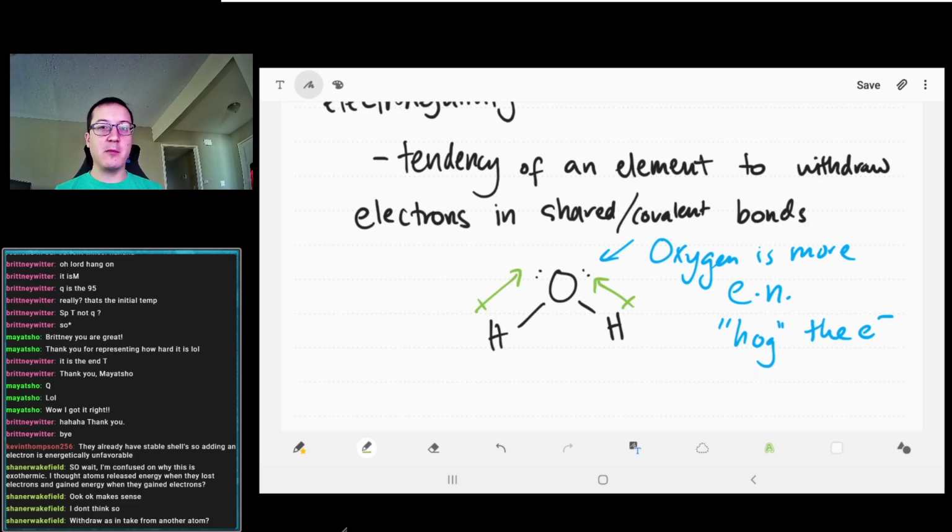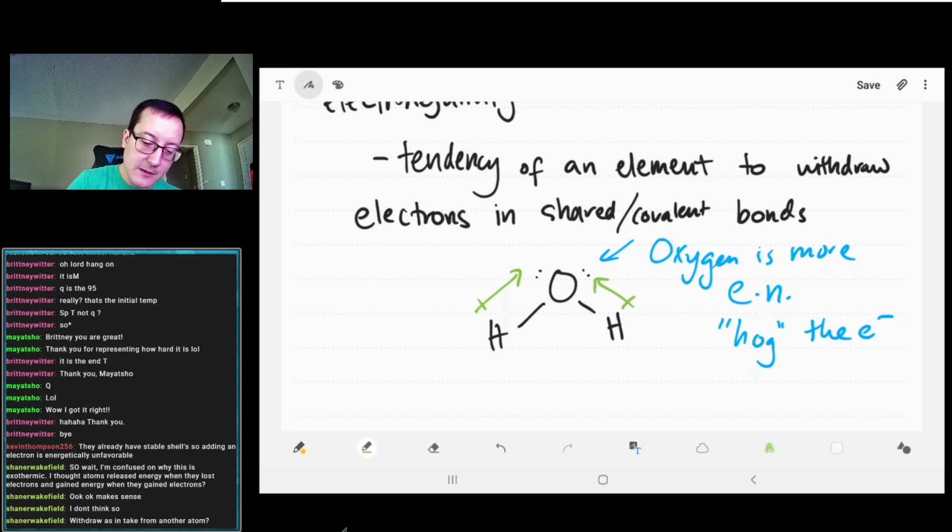So remember, ionic compounds, the electrons have pretty much completely gone over to the nonmetals. But in covalent compounds, those are shared electrons. Because oxygen is more electronegative, it's going to kind of hog these electrons towards itself.